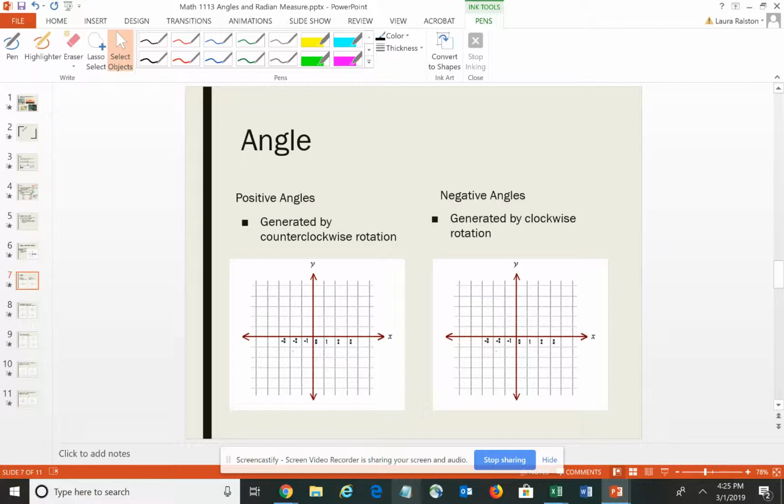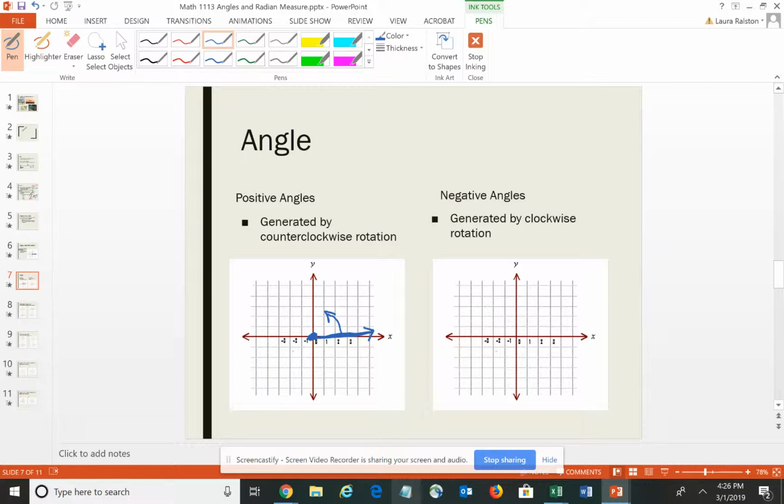Okay, as I mentioned, you can rotate either clockwise or counterclockwise. And we oftentimes will indicate the direction that we're going to rotate using an arrow. So if I have an angle where my vertex is on the origin, my initial side is on the positive x-axis, and then I'm going to rotate counterclockwise.